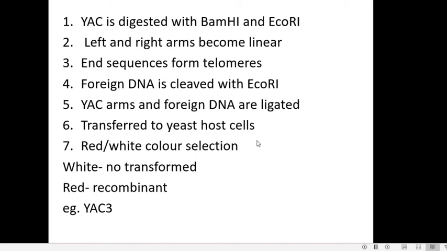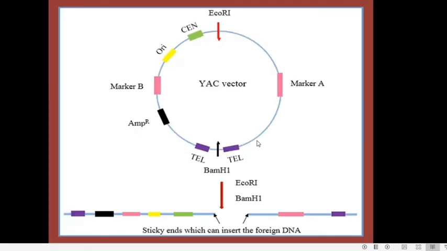Your transformants are selected. Now the second question is whether all these transformants contain your foreign gene. A host cell which has taken up YAC alone, as well as a host cell which has taken up YAC with the foreign gene, both will grow in the medium because both contain the sequence TRP1.